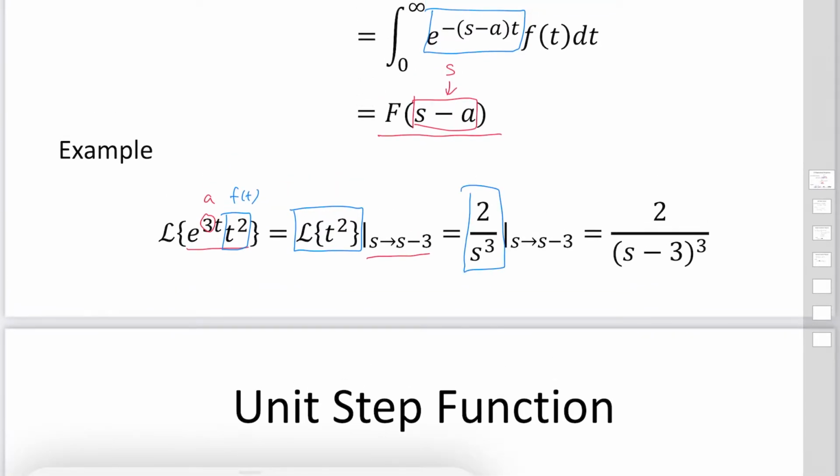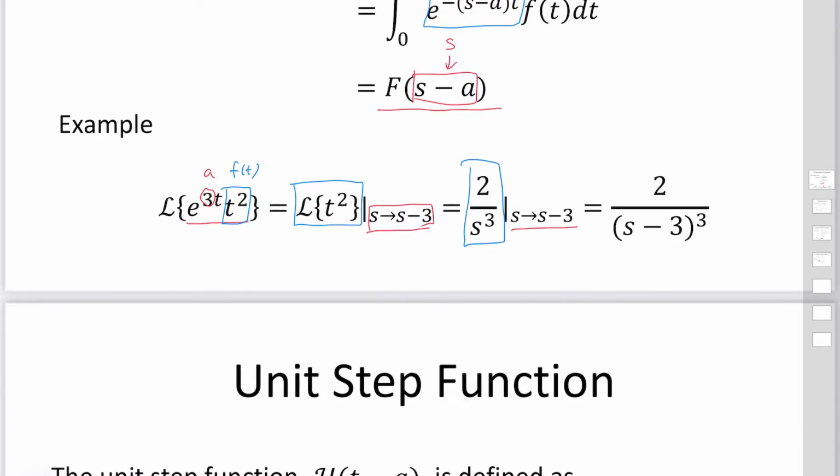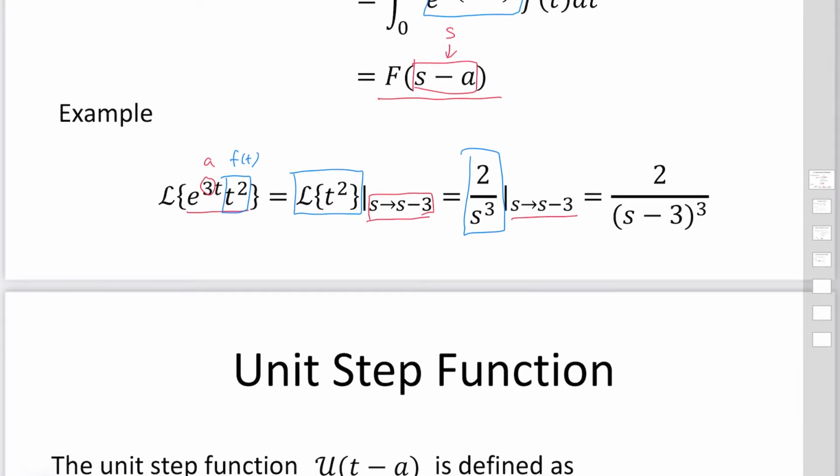You still keep the substitution of s by s minus 3. So the answer becomes 2 over (s minus 3) cubed.